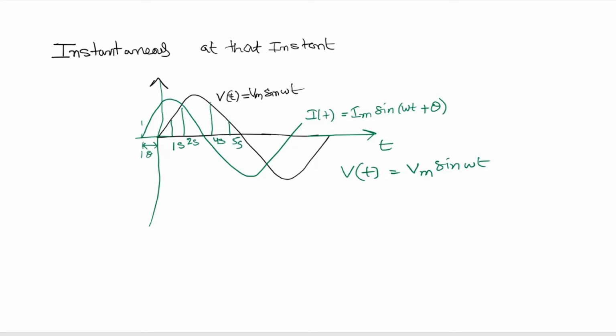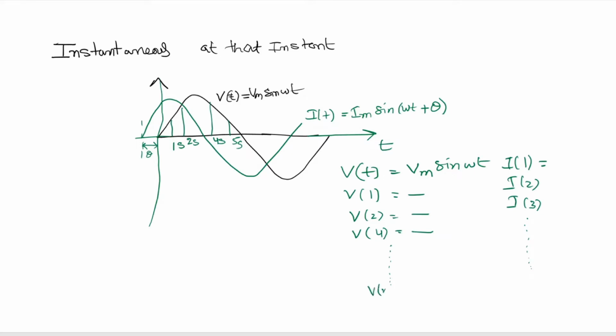V of 1 second will be one value, V of 2 seconds will be another value, V of 4 will be another value. That means I am getting so many values for this voltage waveform. Similarly for current also, I of 1 second will be one value, I of 2 seconds will be another value, I of 3 seconds will be another value. Like that I will get an infinite number of values for voltage and current.